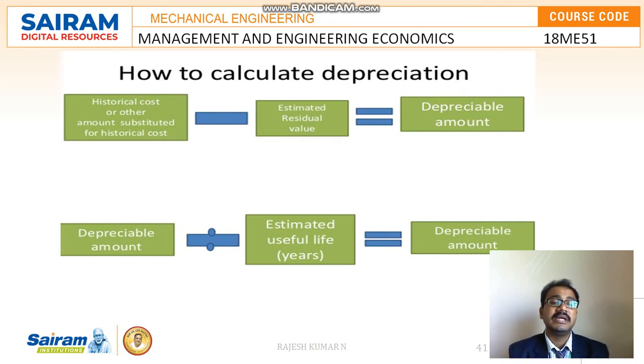And estimated residual value means, if I buy through an auction in a museum that piece of art for 1 lakh rupees, after 1 or 2 years, what may be the value of it? If I have plans of reselling that particular thing, then there is a logic.